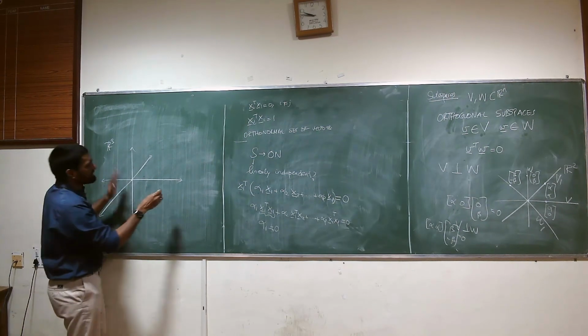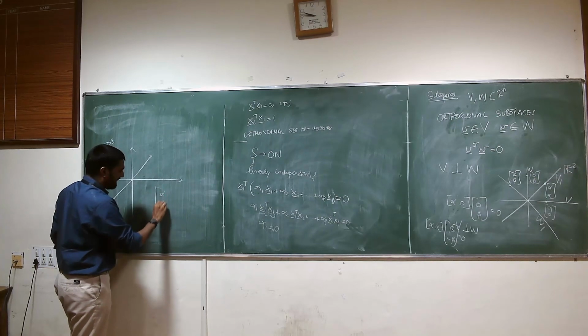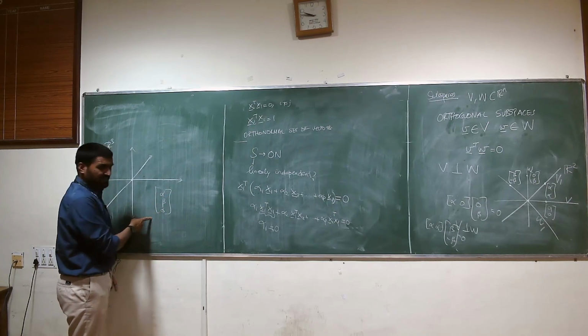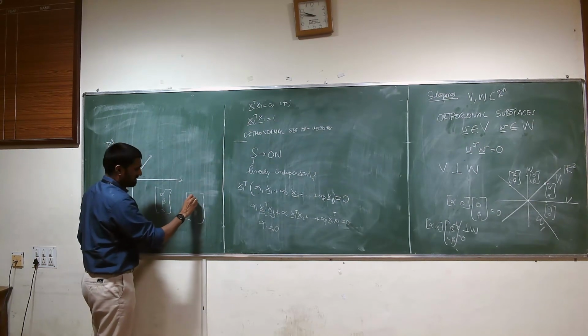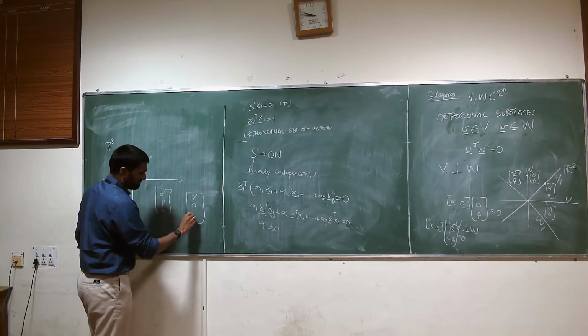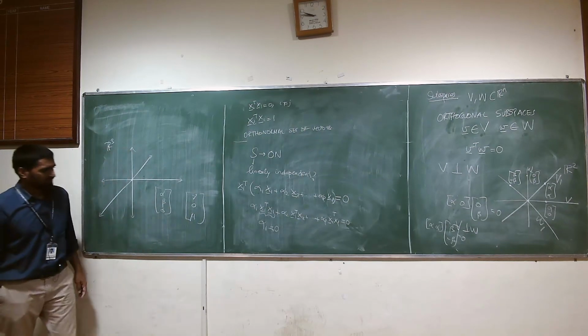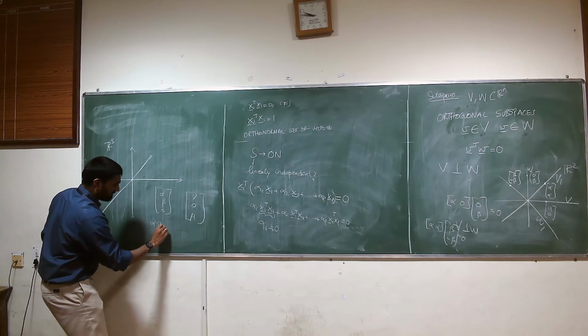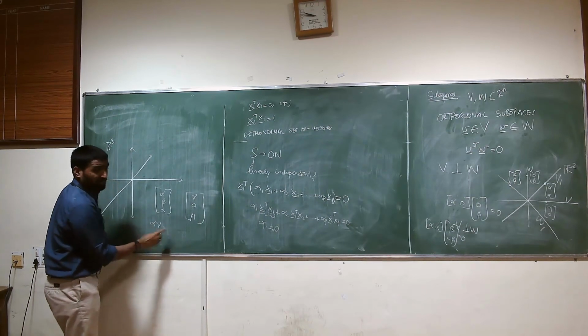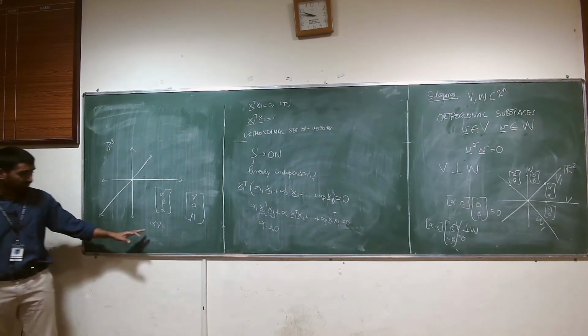What does the XY subspace look like? Alpha, beta, 0, right? What does the XZ subspace look like? Gamma, 0, delta. If you take the inner product, this is alpha gamma. Is this always 0?